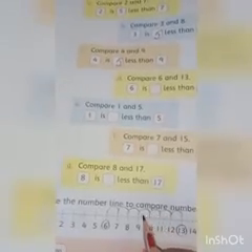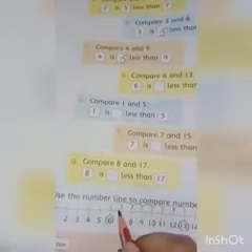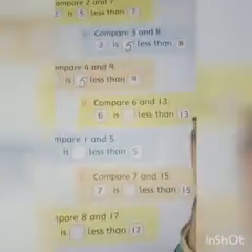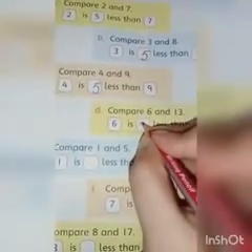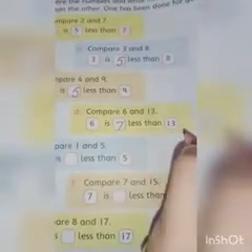When we jump 7 times, we reach at the number 6. 7 is our answer. We are going to write 7 in the box. 6 is 7 less than 13.